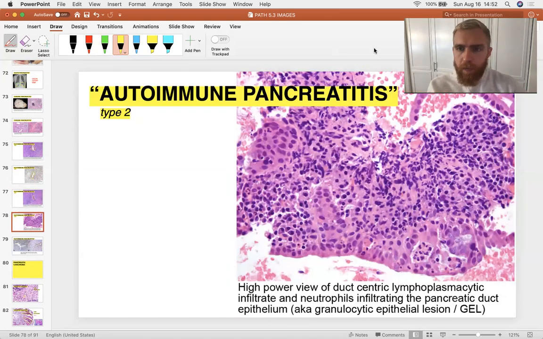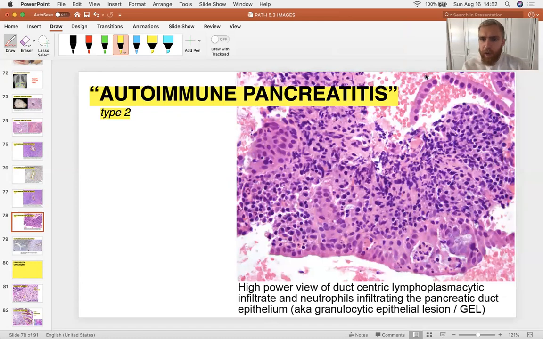Here's a type 2. We look at this type 2, and here are some ductal cells in the upper right corner of this image, okay? They're cuboidal columnar cells, cholangiocytes essentially, but in the pancreatic tree. And then here are some down at the bottom as well.